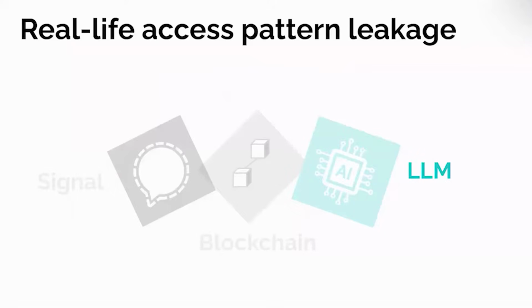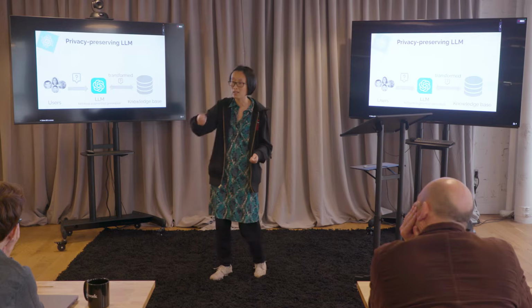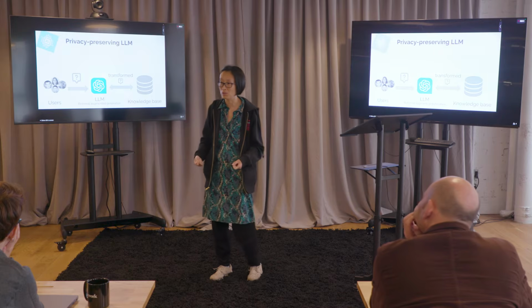Okay, and it's not possible to give a talk without mentioning AI and LLM. In large language models, a commonly used technique is called retrieval augmented generation, or RAG. And what RAG does is that it will take the user's query, it will perform some transformation on the query to figure out in this very large knowledge base which parts I should read to answer the user's query.